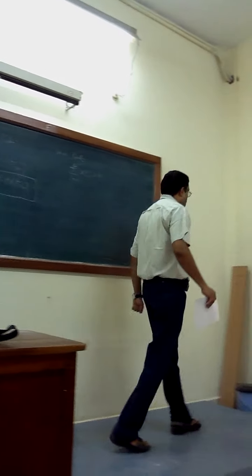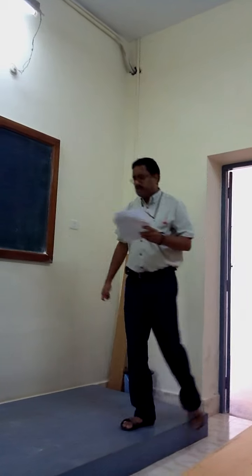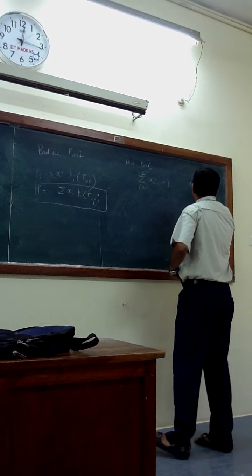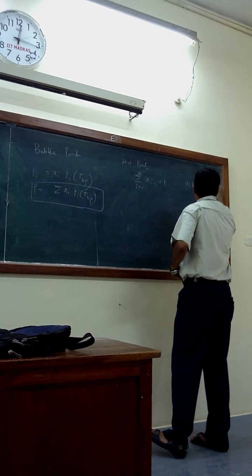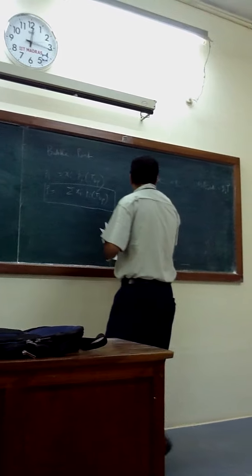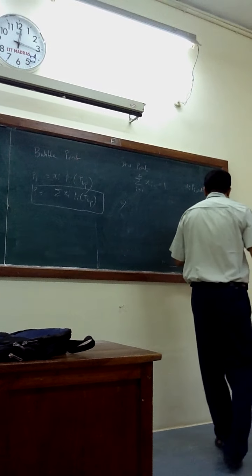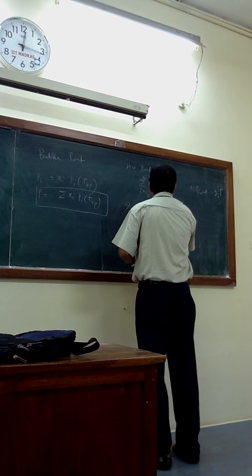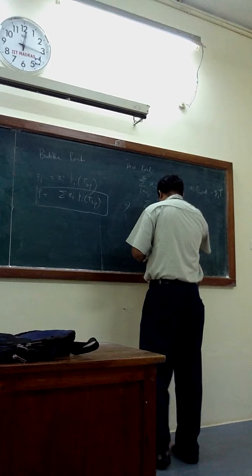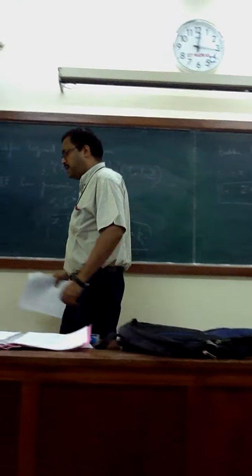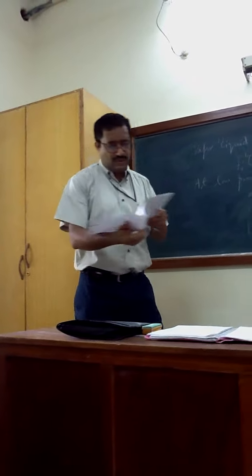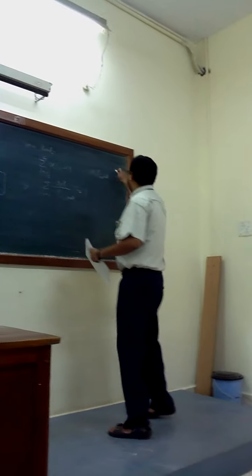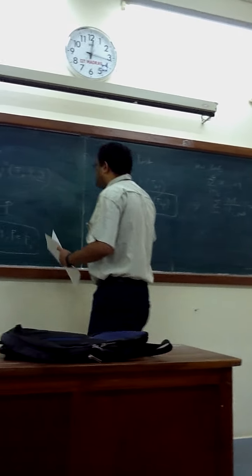You have Raoult's law, x_i P_i sat equals y_i P. So you get the summation over i from 1 to C of y_i P by P_i sat equals 1. Why dew point? Because for the dew point, y is given. For the bubble point, x is given.